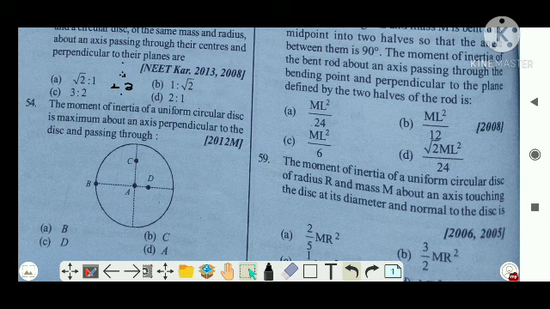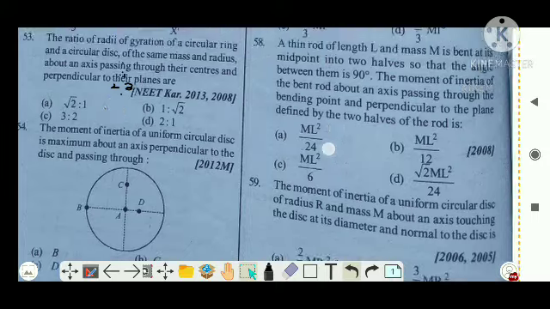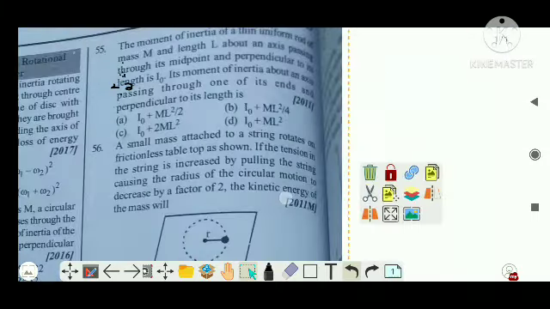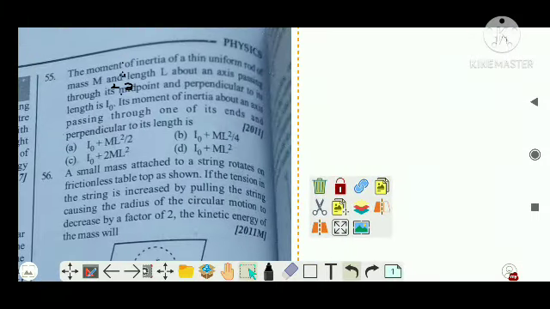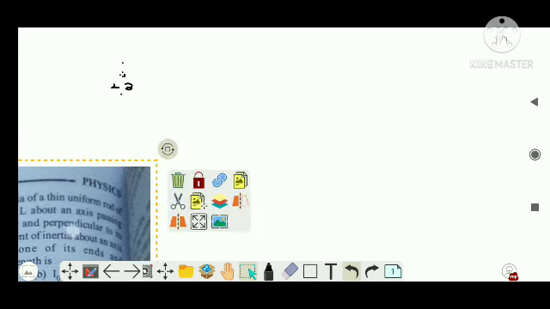As much as the distance goes on, that much is the increase in moment of inertia, right? mr squared. So obviously point B is farther from the axis of rotation, right? So this point B will have the maximum moment of inertia, right? Clear? Let me remove this.